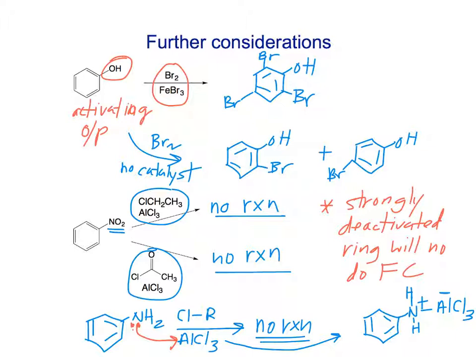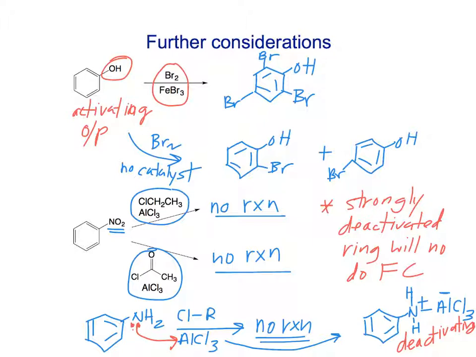No, because now it has a full plus charge on it. So it turns it into a strongly deactivating group. Okay? And so just this combination doesn't work for the Friedel-Crafts alkylation or the acylation. Okay? So there's just these little limitations.